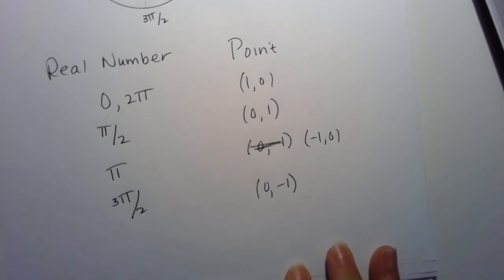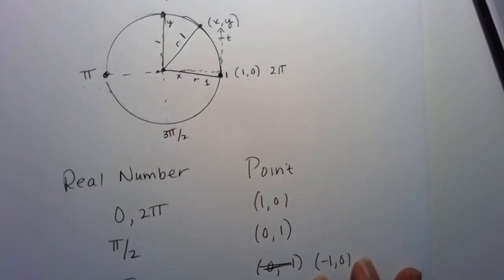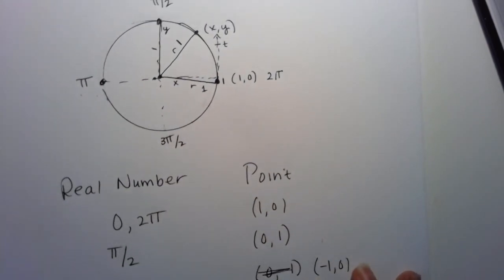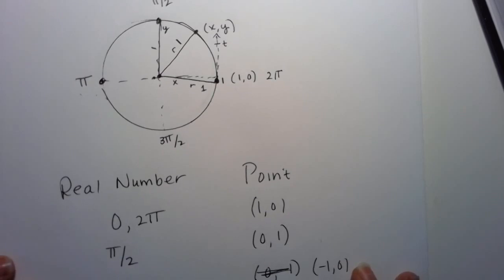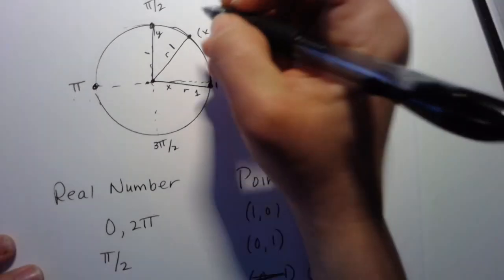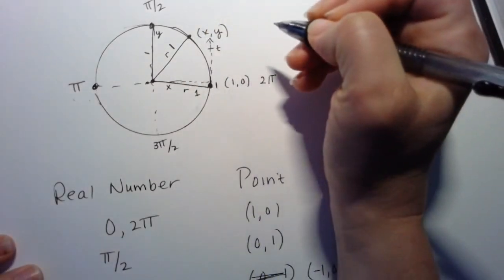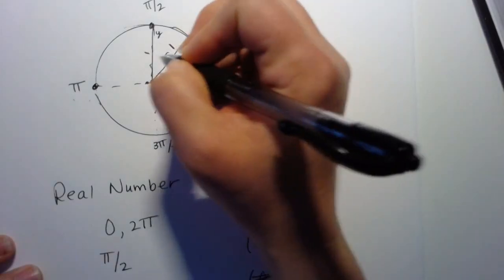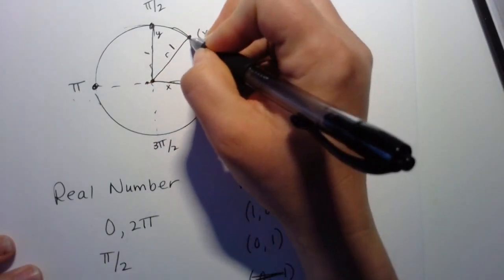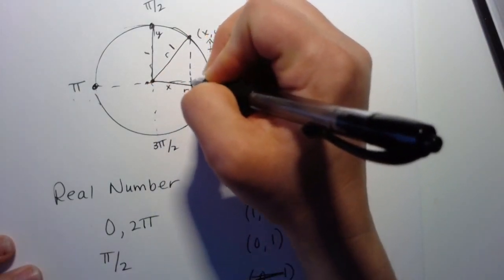So basically, these are the points that they correspond to. Now the right triangle trigonometry does come into play here. If I wanted to figure out what my xy was, let me drop in here a right triangle.